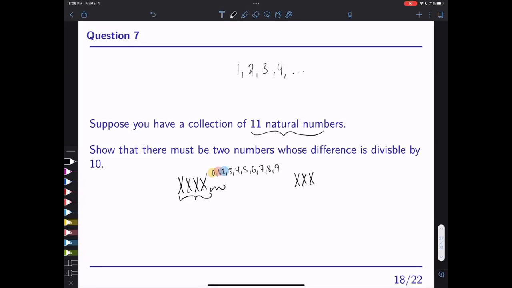Let's say they happen to end in 3. They're wildly different numbers. They've got different digits in front, but they both end in 3. And so close. If we subtract them, what do we get? We don't exactly get 0, but what does the last digit of their difference equal?